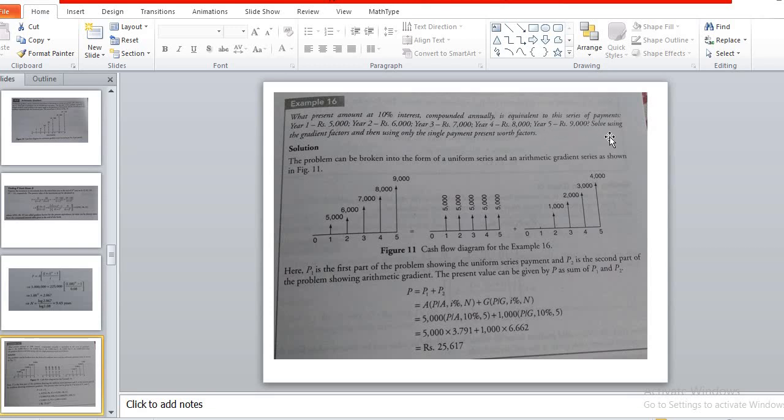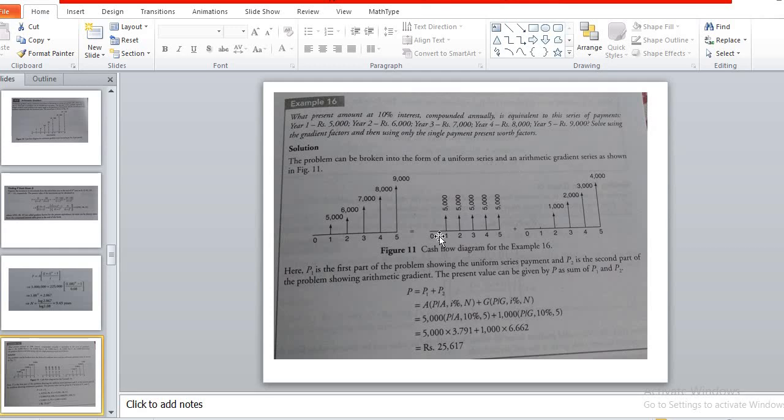Solve using the gradient factor and then using only the single payment present worth factor. They ask to find the present value for a particular interest rate.